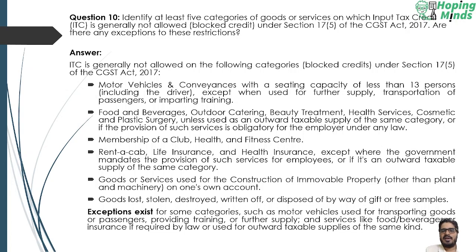So input tax credits against motor vehicles and conveyances with seating capacity less than 13 cannot be claimed. Such inputs can only be claimed by those who are engaged in the business of further supply of such motor vehicles, that is, trading of motor vehicles, then transportation of passengers and imparting training, that is, driving schools.